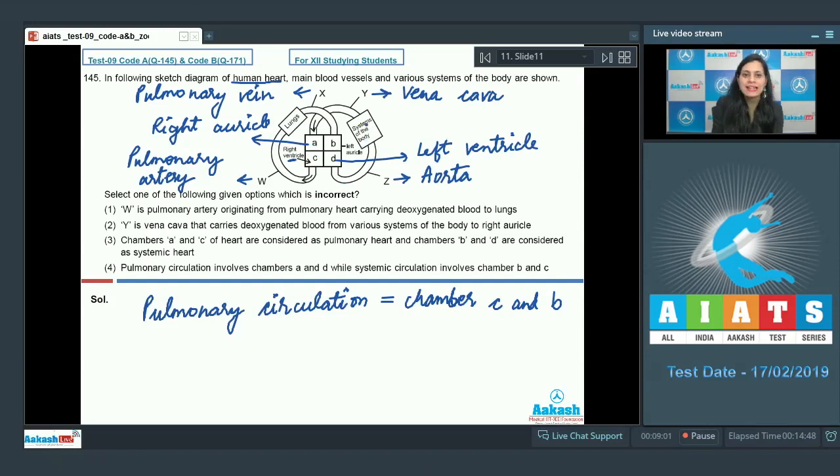the body, and deoxygenated blood then reaches right auricle or chamber A through vena cava.